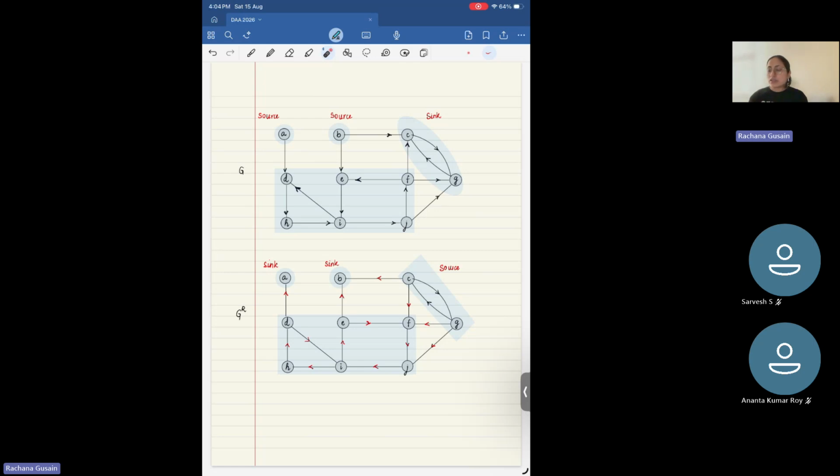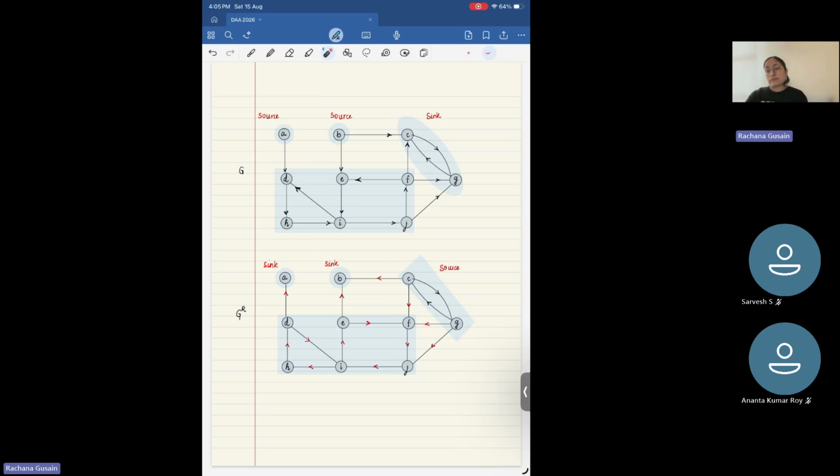But the problem is, you will have to do DFS multiple times on G of R. For every component, once I've identified it, I will delete it explicitly, then again run DFS on G of R, pick the node which has the highest finish time, go back to G with this part deleted, and run your DFS. So you'll have to do DFS multiple times. That's the problem. And DFS is expensive.